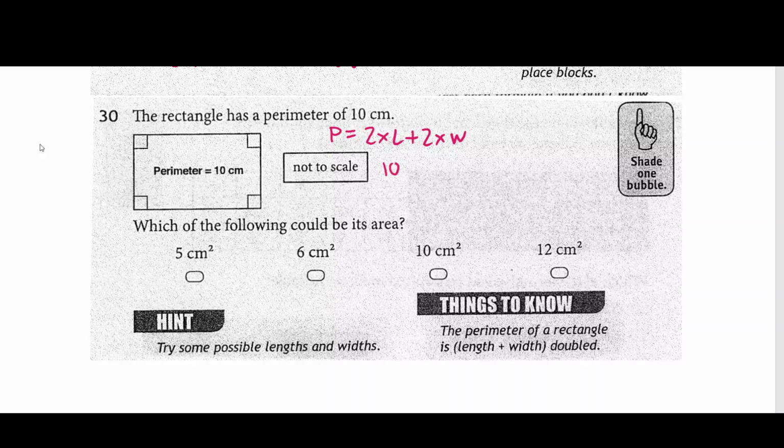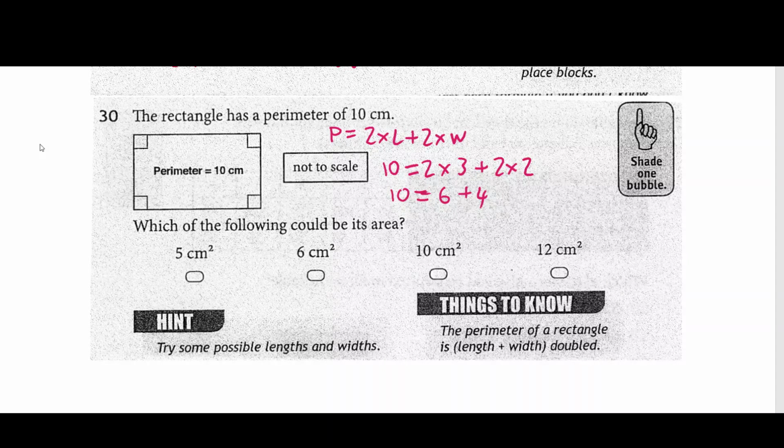So for 10, we could have 2 times 3, which gives you 6, plus 2 times 2, which is 4. All right, so 10 equals 6 plus 4.